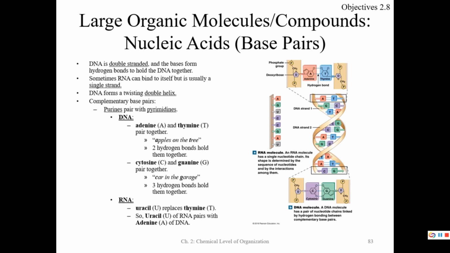Adenine, thymine, TA2, cytosine, guanine, CG3. Okay. RNA has uracil, which replaces thymine. So uracil of RNA would pair with an adenine when RNA pairs with DNA.